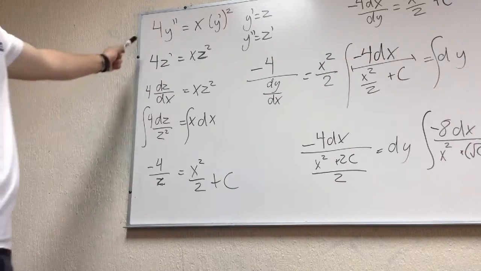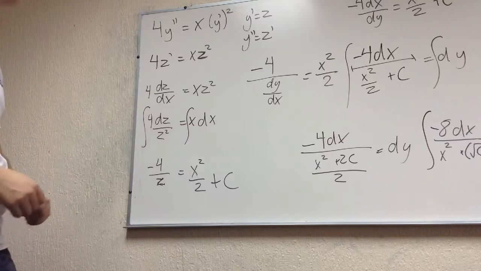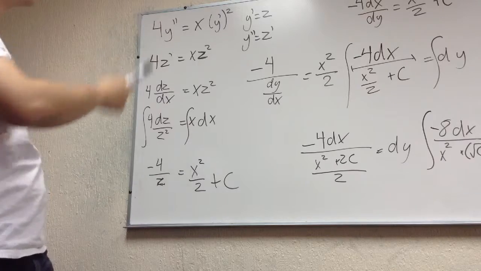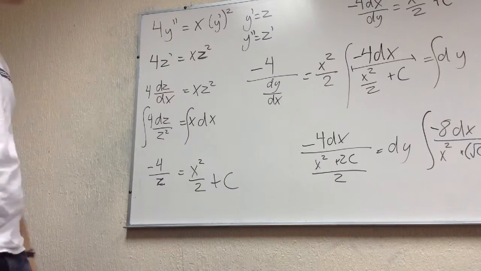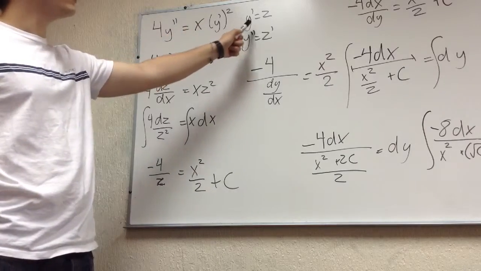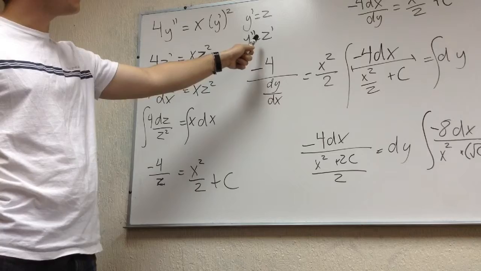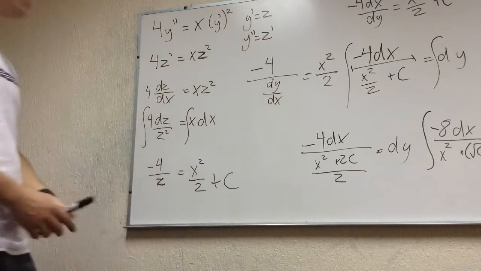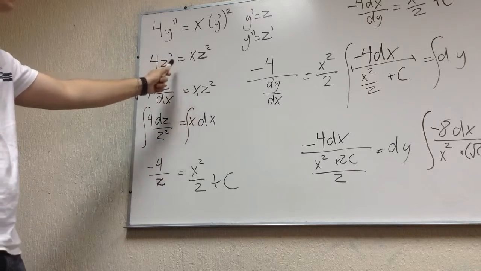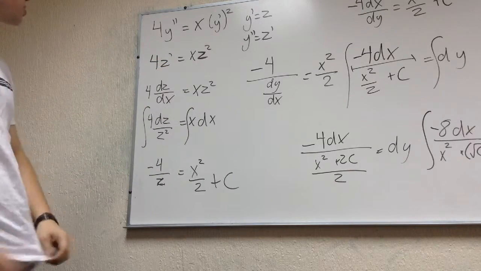We have this differential equation, y double prime equals x times y prime to the second power. So we know y prime equals z, and y double prime equals z prime. If we substitute, we have 4z prime equals x times z to the second power.